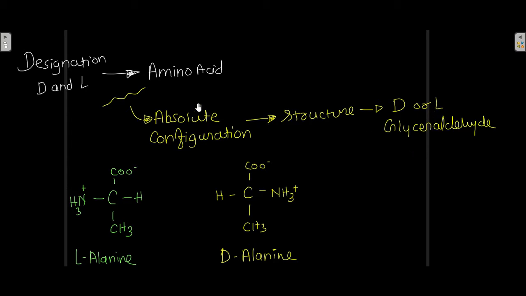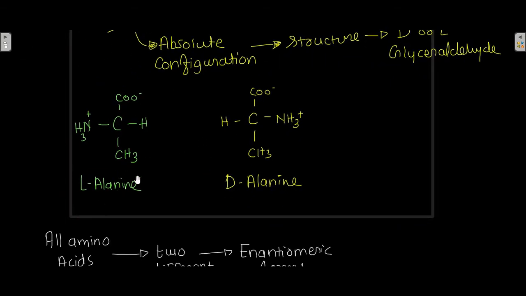We take reference of D and L glyceraldehyde and then designate D and L absolute configuration to the amino acid. So this is L-alanine and this is D-alanine. In the case of glyceraldehyde, we considered the OH group.